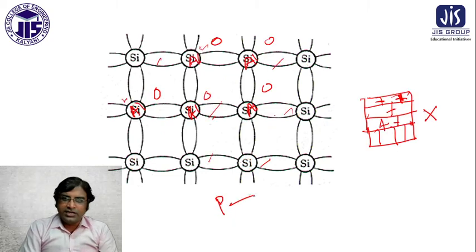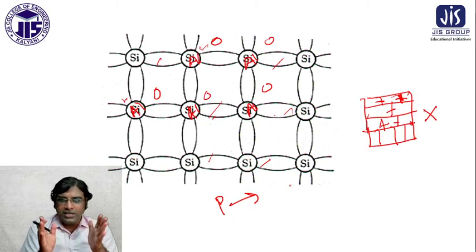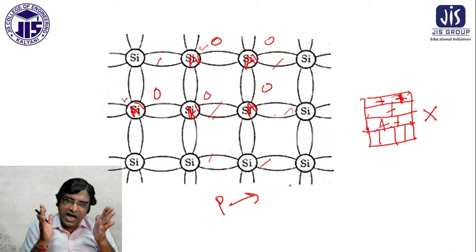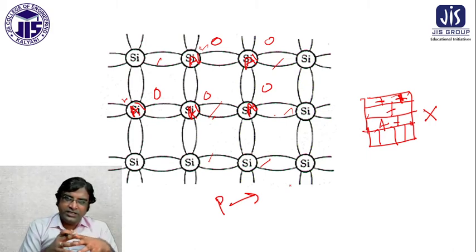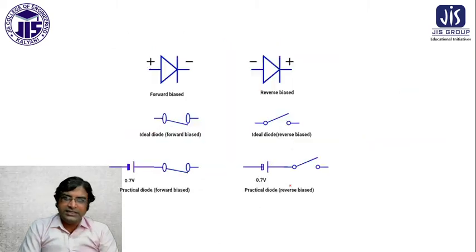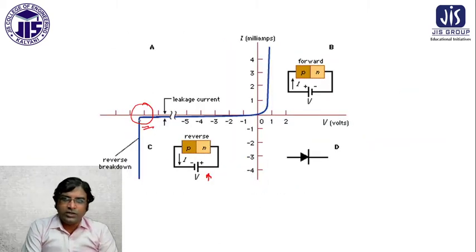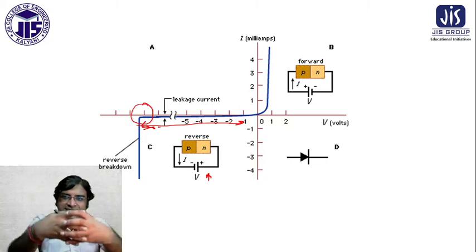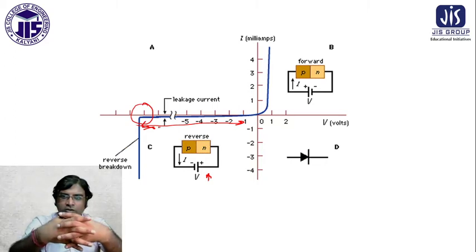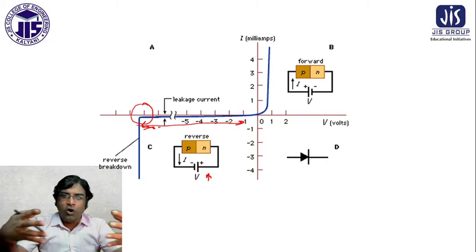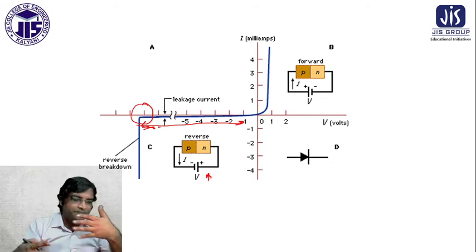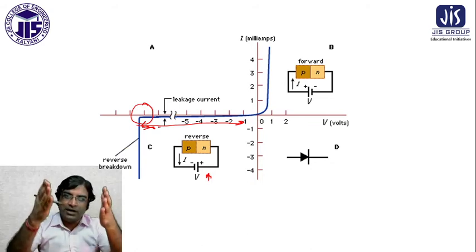When we introduce high doping, then it can be very easy to reach this particular voltage, because the voltage is actually required to break the bond. The bonding strength of all the silicon atoms, of all the semiconductor atoms, as it is highly doped, becomes low.